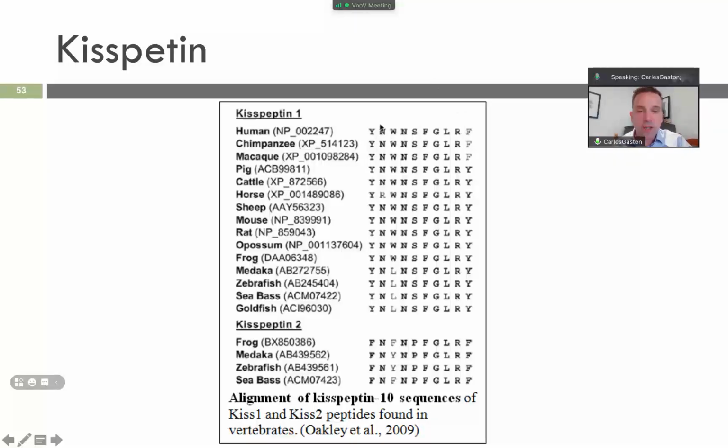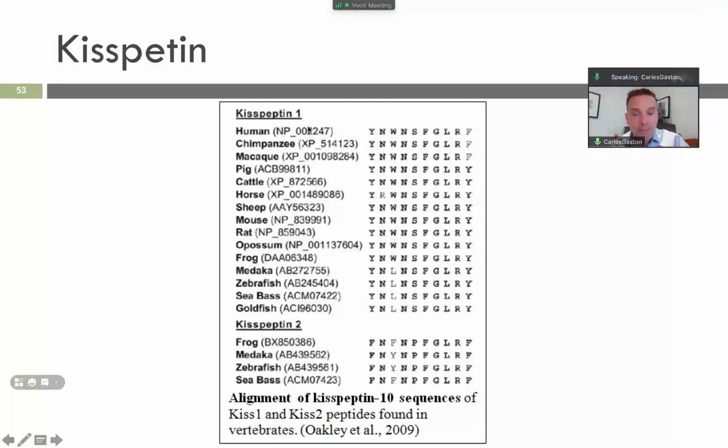You can see here the protein sequence, and we can see human, chimpanzee, macaque, pig, cattle, horse, sheep, mouse, rat, and all the way to zebrafish and goldfish, very similar, if not highly conserved through evolution, indicating that the hormones that regulate reproduction have been conserved through evolution.